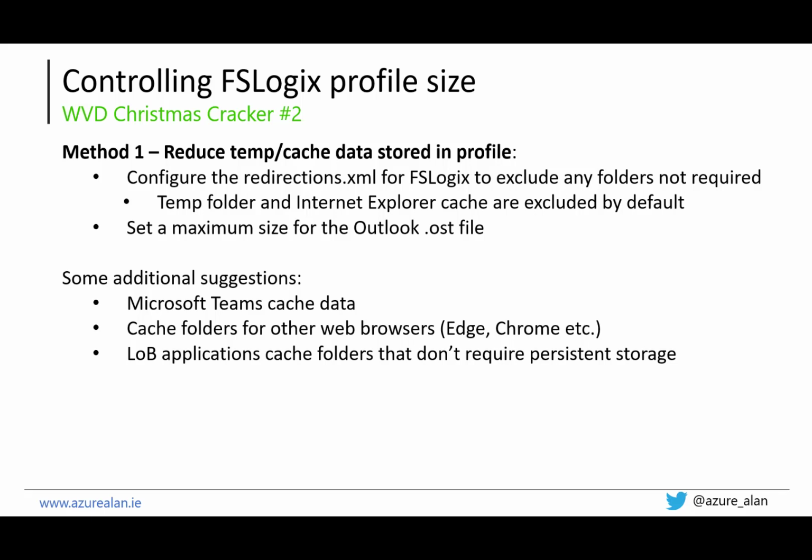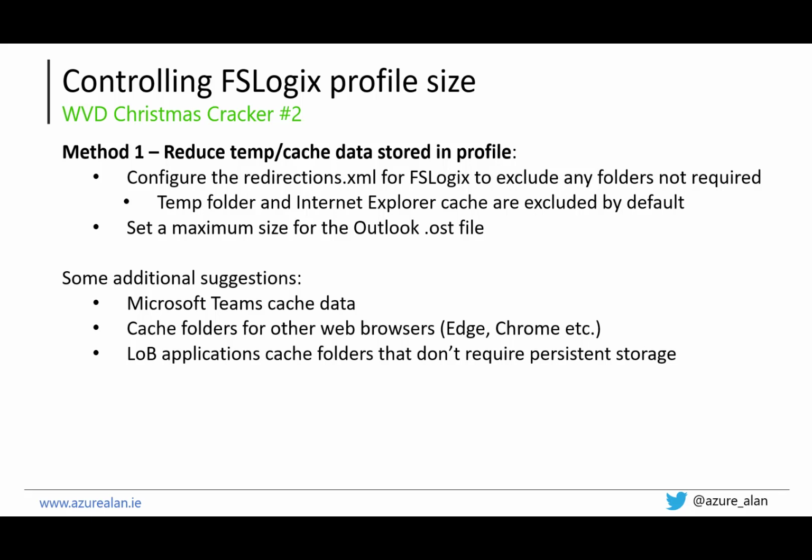So some additional suggestions there would be the Microsoft Teams cache data that can actually chew up a lot of space. And I have an accompanying blog post to this video that has some links for how you can do that. Any cache folders for other web browsers, so I mentioned Internet Explorer is excluded by default, but you may want to exclude Edge, Chrome, Firefox, whatever browsers you want to install on your desktops.